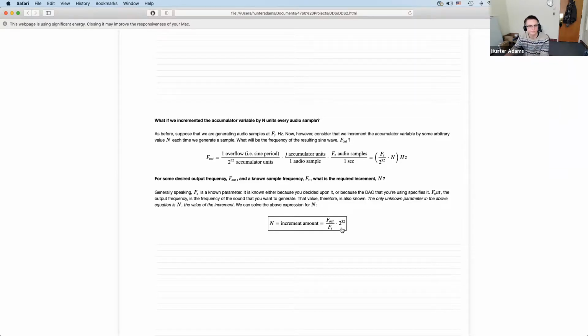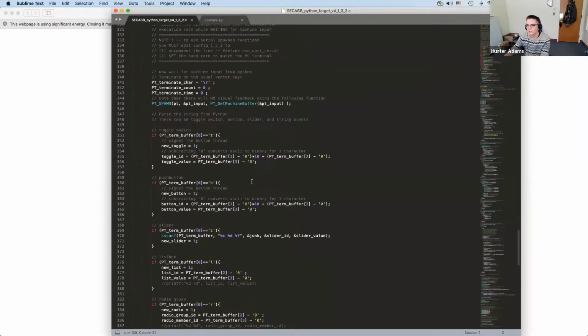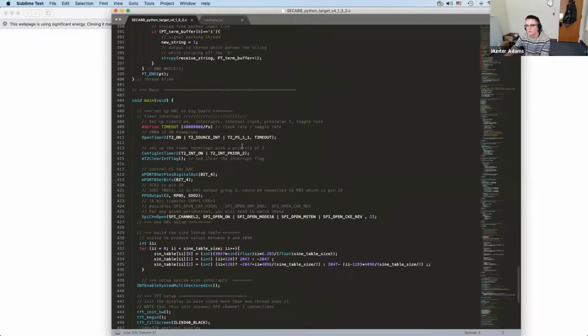So let's look at this in code. I want to start by going down to main, where you'll remember from the first couple of lectures, we looked at these 2 lines. This is where we are opening the timer that we're going to use to actually be sending audio samples to the DAC. And we're having this timer time out, that is to say overflow and interrupt, every 40 million over FS cycles, FS being our audio sample rate.